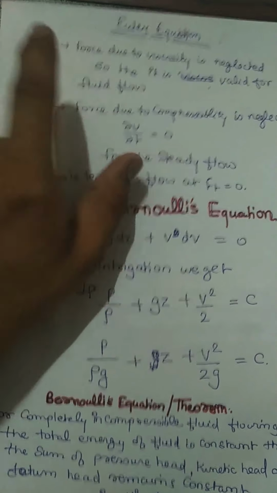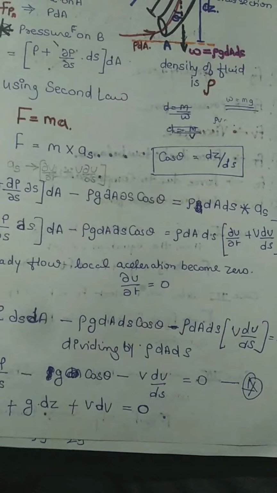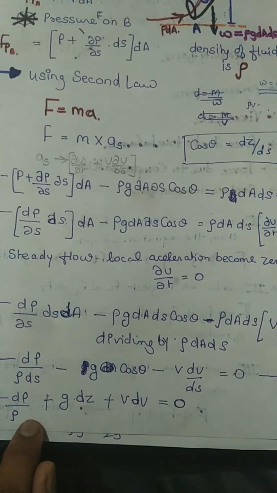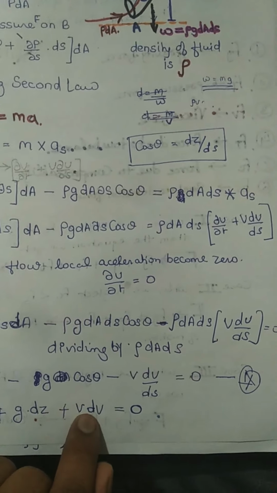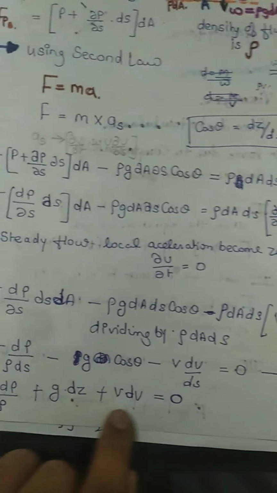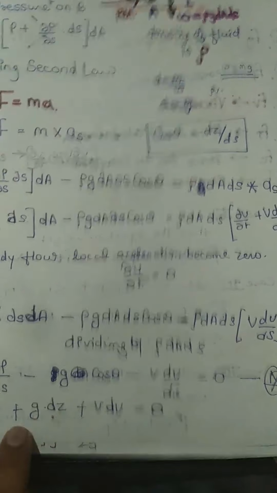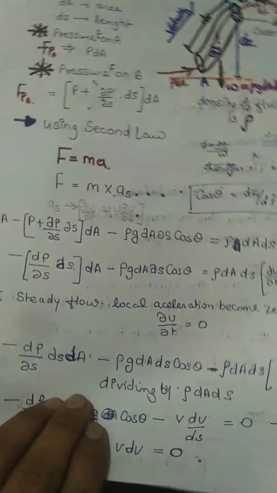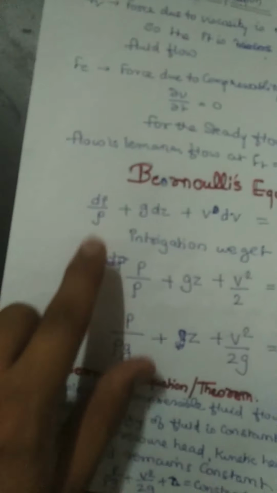The term which we get in this, that is del p by rho plus g dz plus v dv equals 0. This is called Euler's equation, and integrating this term we will get Bernoulli's equation.